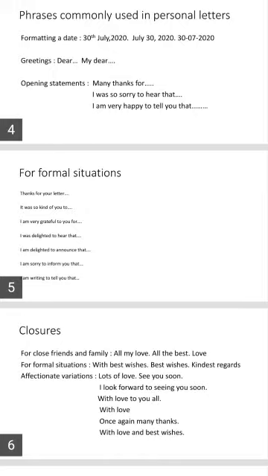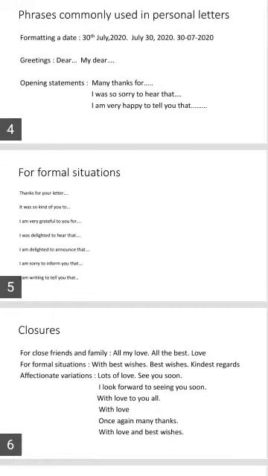I am sorry to inform you that I cannot attend the function due to some urgent personal work. I am sorry to inform you that I may not attend the function because I will be away from the place.